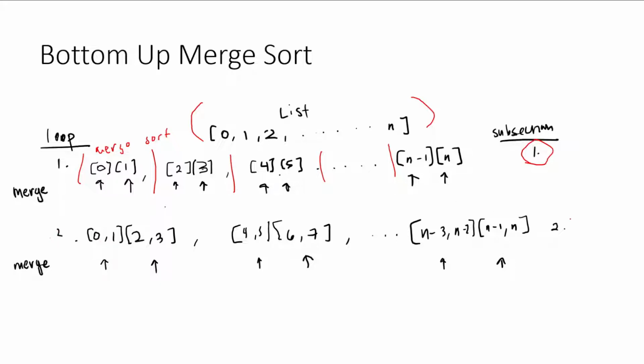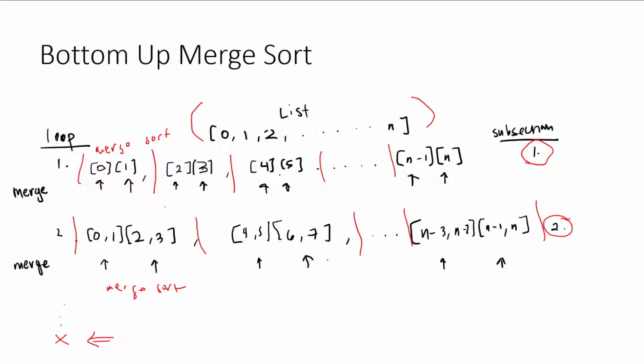This time, though, we'll increase the subsection to 2, and we'll go through every pair, and we'll merge and sort those pairs, and continue on to this pair, and then this pair, all the way to the last pairs of subsections, and then we continue on the loop until the subsection's size is less than the size of the list.